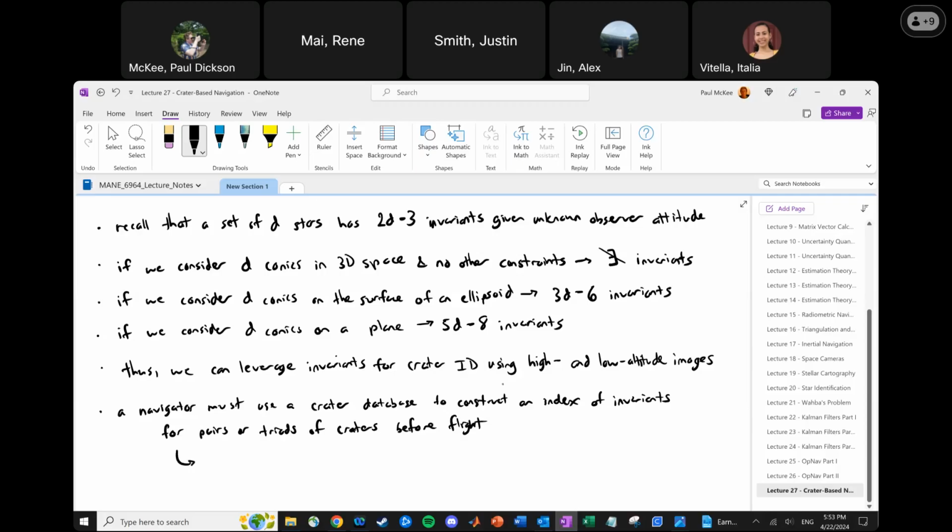And this index must be rapidly searchable. It must constrain index size, so it can't be too large. And we will focus on craters that the spacecraft is likely to see.